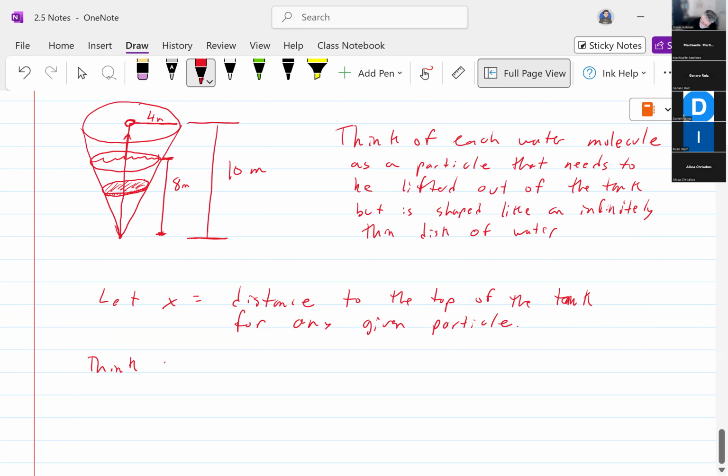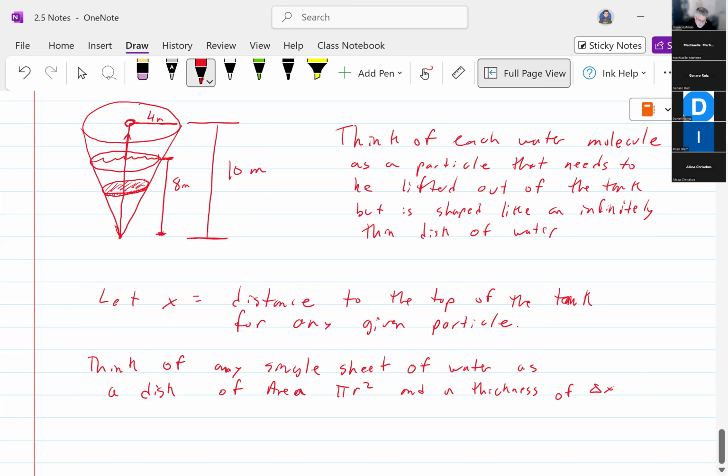Think of any single sheet of water as a disk of area pi r squared and a thickness of delta x.